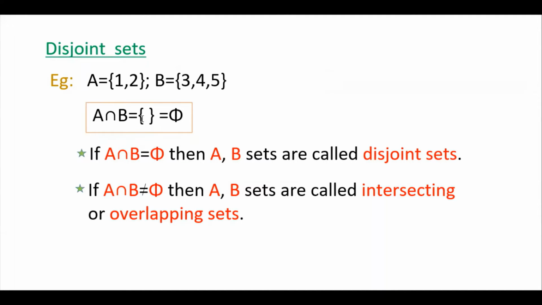A intersection B is equal to, there are no common elements here. So this is an empty set. Therefore, if A intersection B is equal to an empty set, then A and B sets are called disjoint sets. If A intersection B is not equal to an empty set, that means some common elements are there, then A and B sets are called intersecting or overlapping sets.